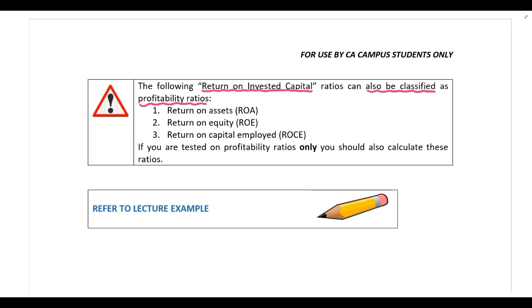All of the calculations can be found under the category return on invested capital ratios. So we'll look at them when we get to return on invested capital ratios. So you can see that just below here. If you are tested on profitability ratios only, you should also calculate these ratios. All right, obviously, depending on the marks available.